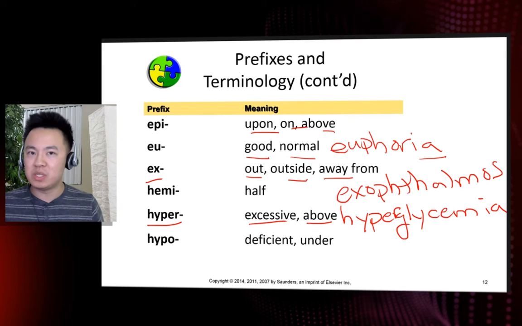Now keep this in mind. The most common definition that you're probably going to hear in the healthcare field is high blood sugar levels. However, in this class, in this lecture, I'm saying for you to remember it as an abnormal condition of having excessive blood sugar.